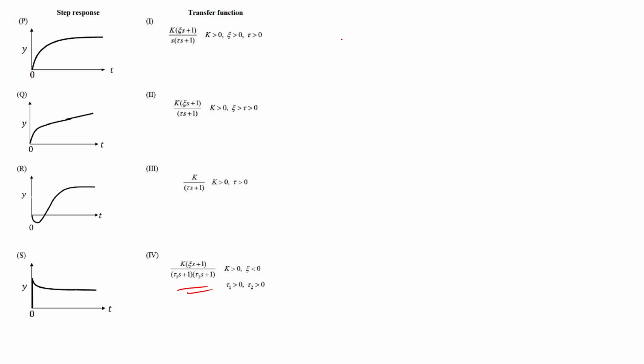So in the fourth option, we have been given the transfer function g of s as k times zeta s plus 1 upon tau 1 s plus 1 upon tau 2 s plus 1. From the transfer function, we can see that we are having two time constants. That implies that there would be two interacting elements in this system, and also this transfer function matches the general form for an inverse response.